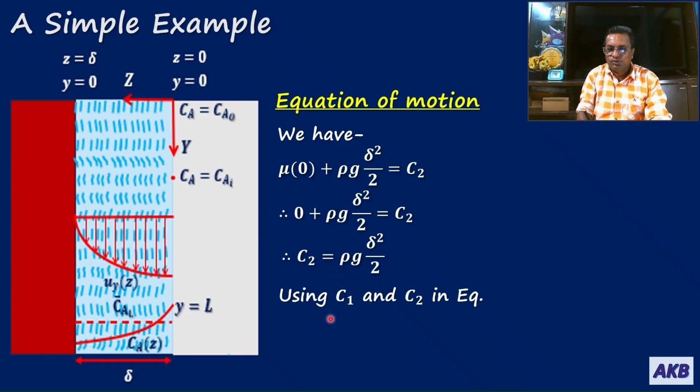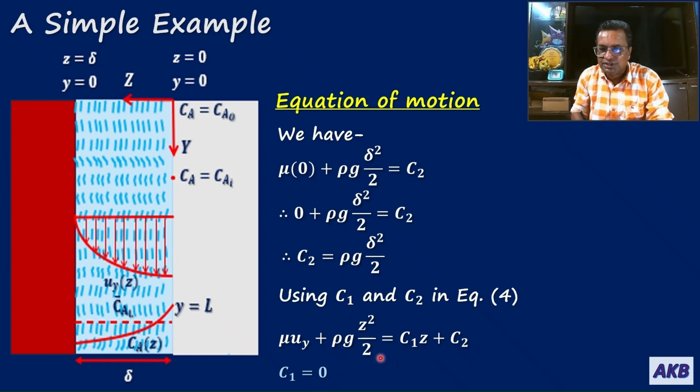So we use the values for constants C1 and C2 that we have obtained in equation number 4, which is mu into uy plus rho g into z square by 2 is equal to C1z plus C2. C2 is rho g delta square by 2, whereas C1 is 0. So in the next step we will be putting those constants in this equation. Let us move ahead.